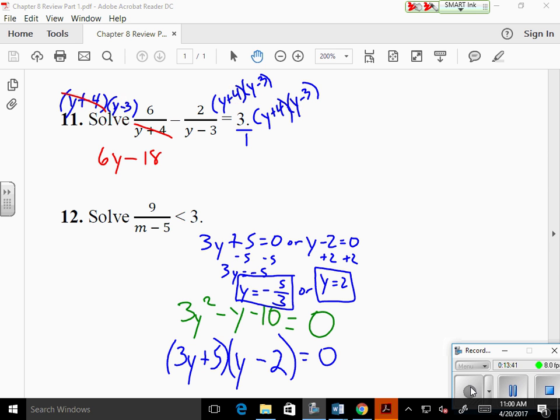In the second term, your y minus 3's will cancel, so you're left with negative 2y minus 8.